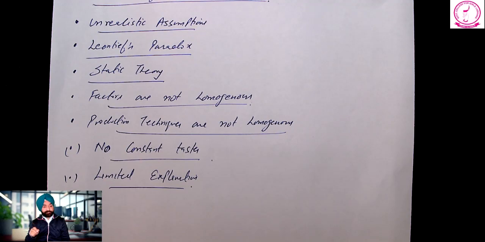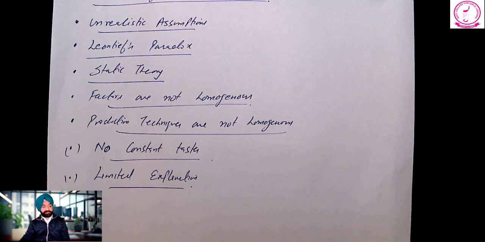What should happen? Because the US is abundant in capital, it should export more capital goods. But it is importing more capital goods. This is the contradiction given by Leontief, and that's why it is known as Leontief's paradox, according to his input-output model.